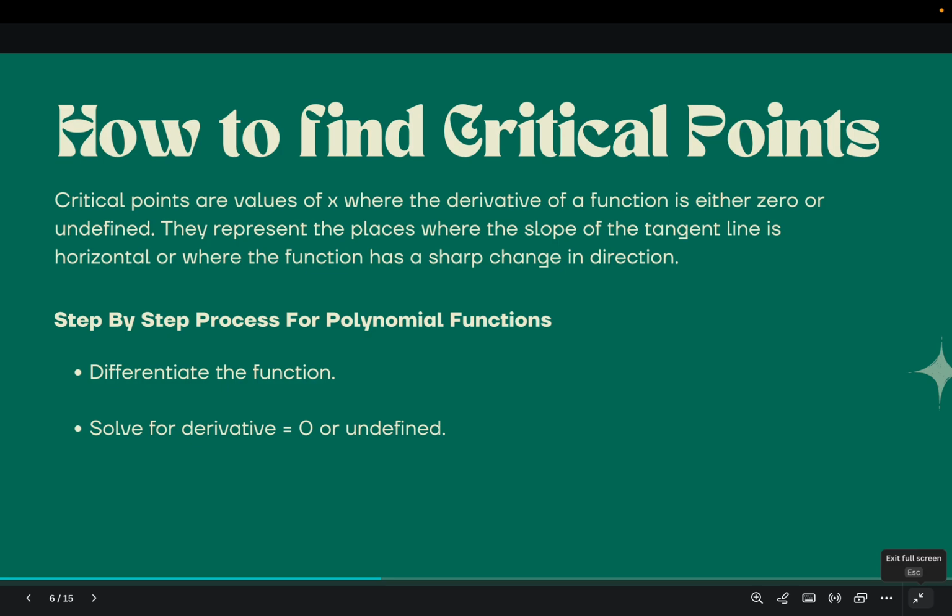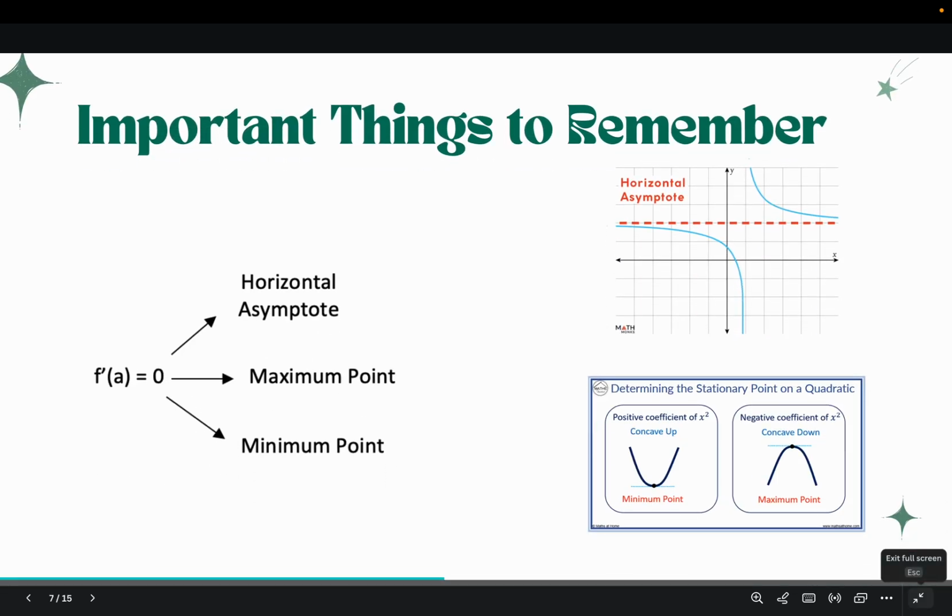So it's either increasing, decreasing, or flattens out, as stated before. So step by step, how do we find it? First, differentiate the function and solve for the derivative equal to 0 or undefined. It's only 2 steps. But there are important things that you should remember.